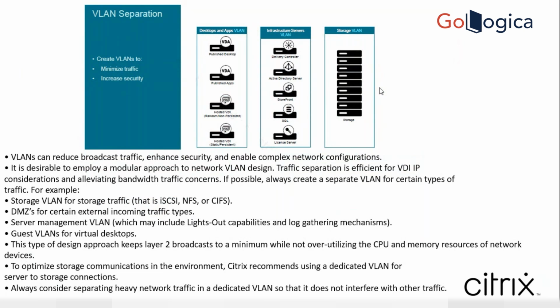In the same way, VLAN divides a big space into small parts. VLAN can reduce broadcast traffic, enhance security, and enable complex network configuration. So it will reduce the broadcast.